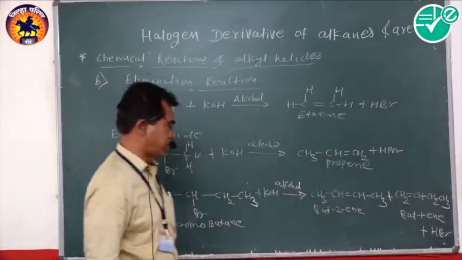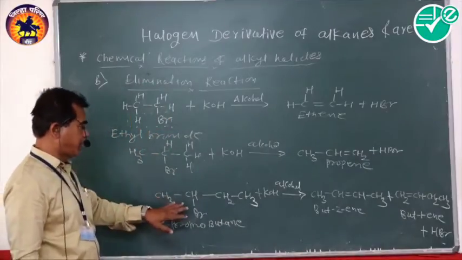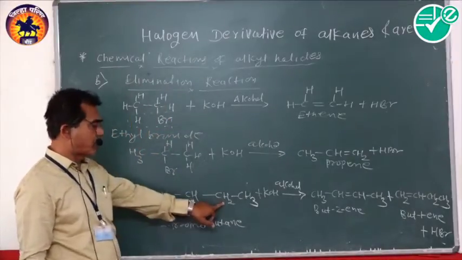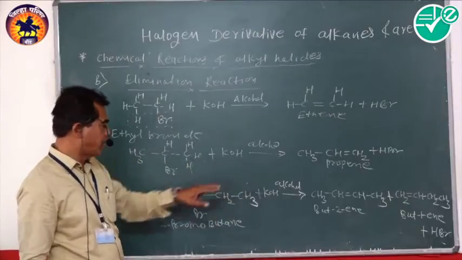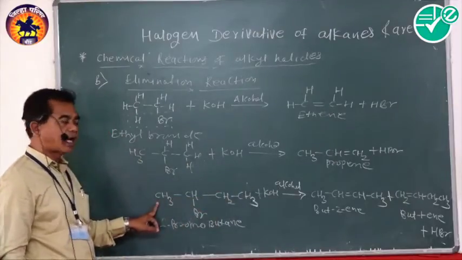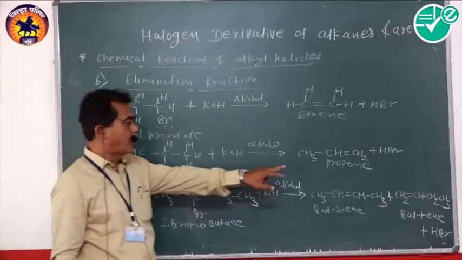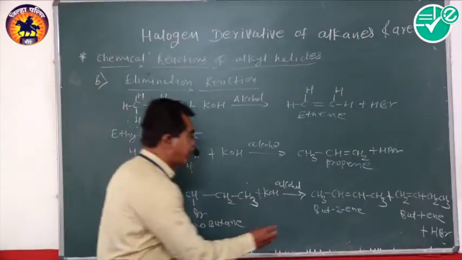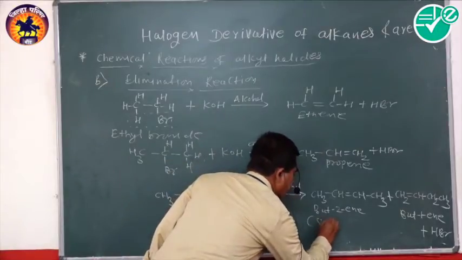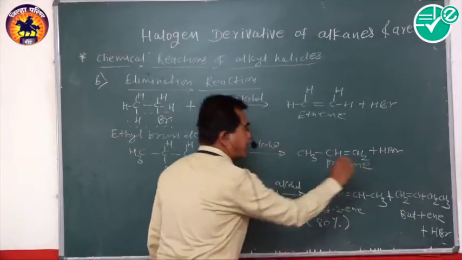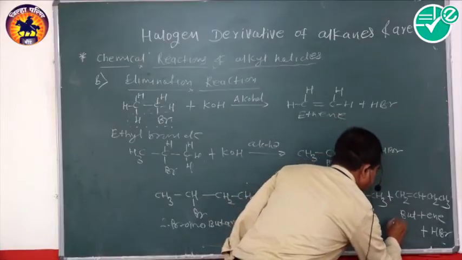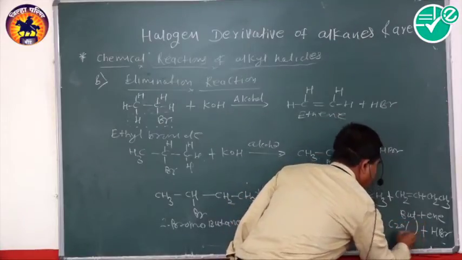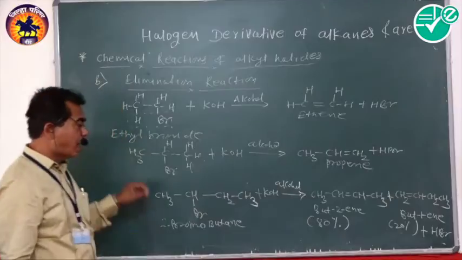Now in this reaction, there are two possibilities: removal of bromine and hydrogen to give but-2-ene, and removal of hydrogen from the adjacent carbon atom to give but-1-ene. But the major product forms to the extent of 80%, that is 2-butene, and only 20% is 1-butene. Why is this so?